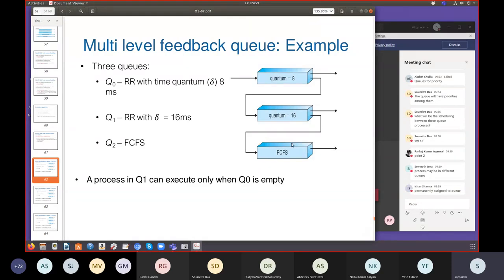And the final queue does FCFS. So, what do you think is the basic idea of this scheme?